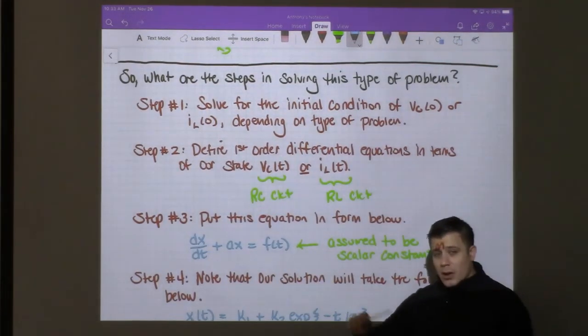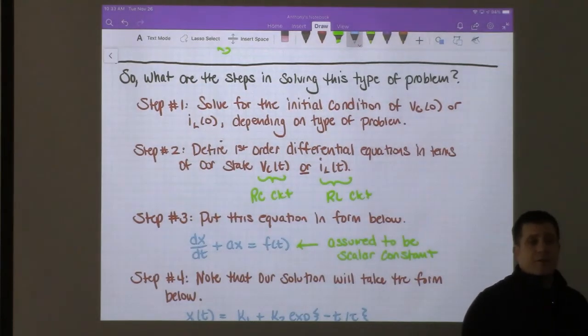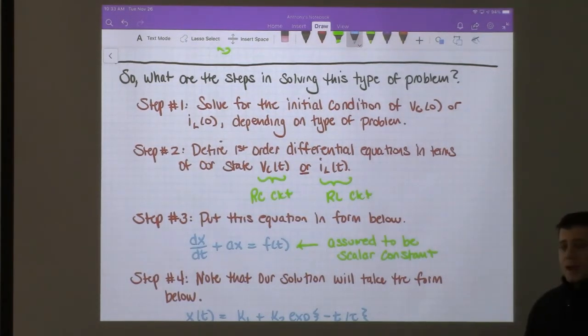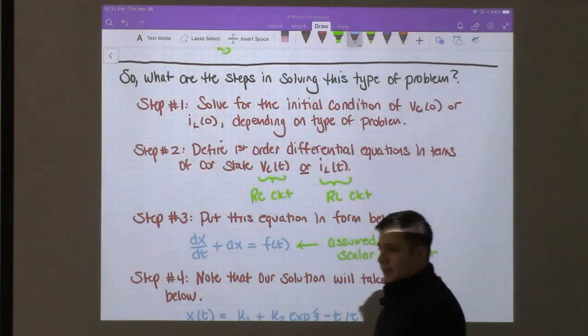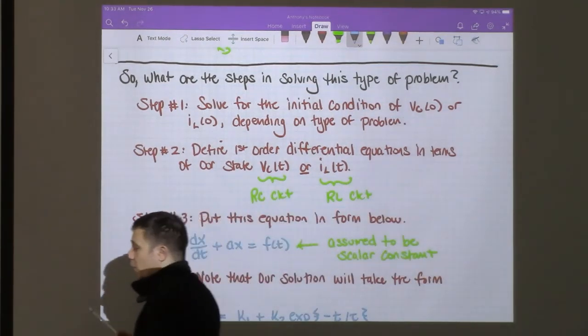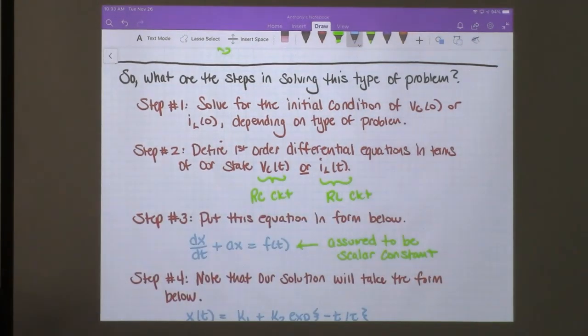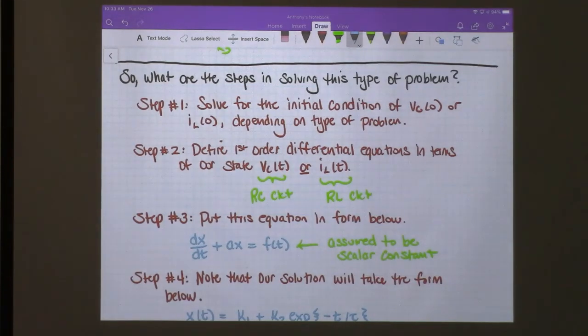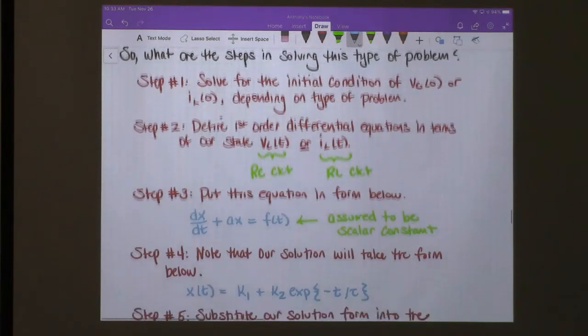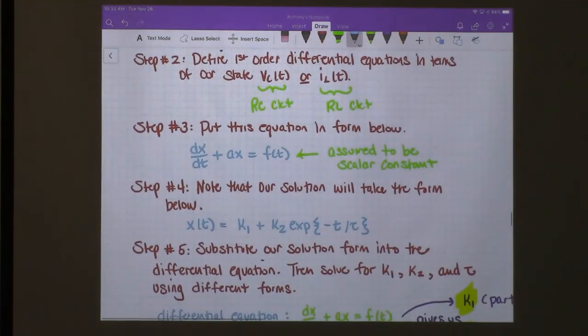We still, in all of our problems, are assuming that f of t is equal to a constant, a scalar. Like I said, at least as far as I can see over the next week, we are not going to dive into problems where the external force applied is a time-varying signal. Next step is to note that our solution will take on this form here.